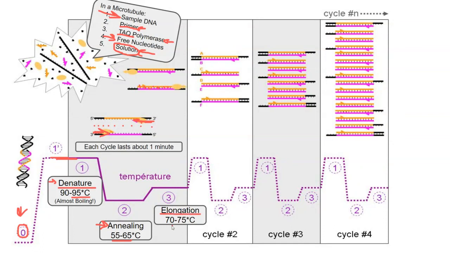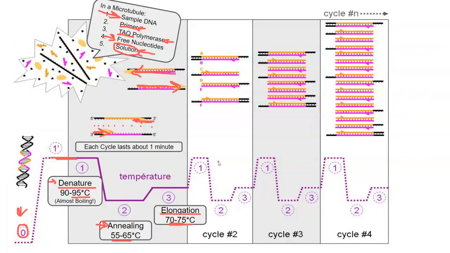This step is called elongation, and it's about 75 degrees Celsius, which is the optimal temperature of Taq polymerase to start doing its job and to start copying the DNA. So it's going to copy all of the DNA. And remember, it's only able to do that because we have plenty of free nucleotides to work with.